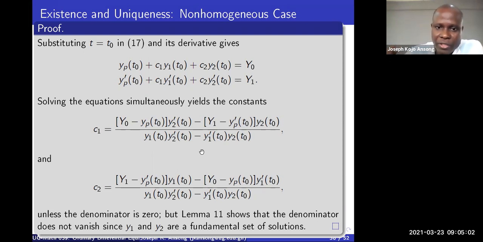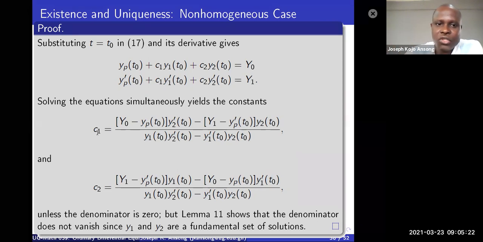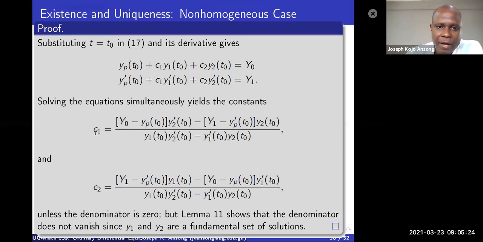Remember the theorem on the Wronskian: if y1 and y2 are linearly independent, the Wronskian does not go to 0, and if the Wronskian does not go to 0, then y1 and y2 are linearly independent. So this does not vanish. Because of that, we can conclude that we can choose C1 and C2 based on the initial conditions, such that they satisfy the initial conditions given in the IVP.